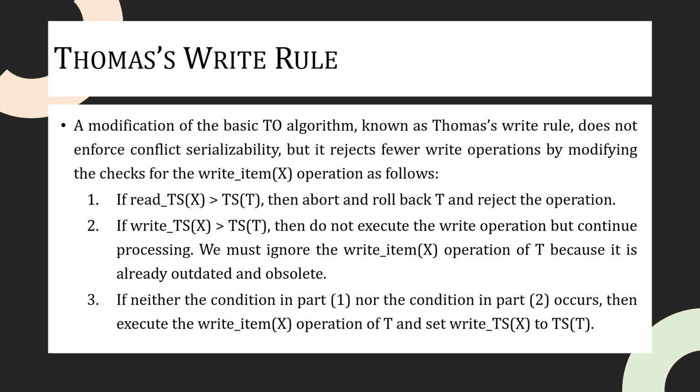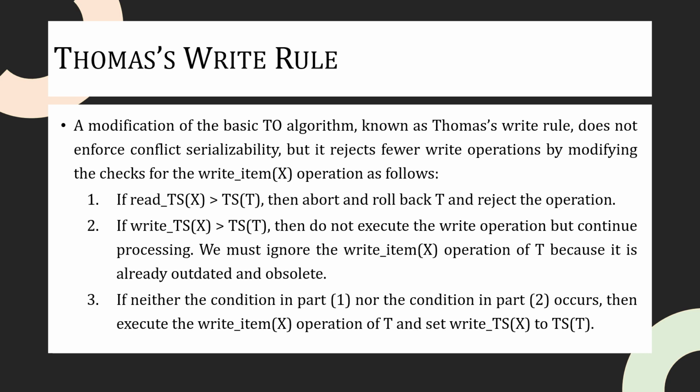This is because some transaction with a timestamp greater than the timestamp of T, and hence after T in the timestamp ordering, has already written the value of X. Thus, we must ignore the write item of X operation of T because it is already outdated and obsolete.